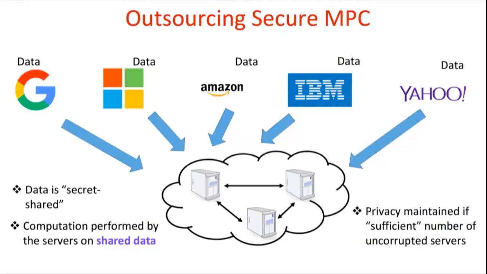So the idea here is that instead of performing the computation on the clear data, you now perform the computation on the shares of the data, and the sharing has a property that any one share is independent of the data, but two shares are sufficient to recover the data.